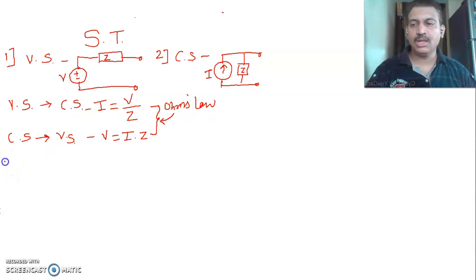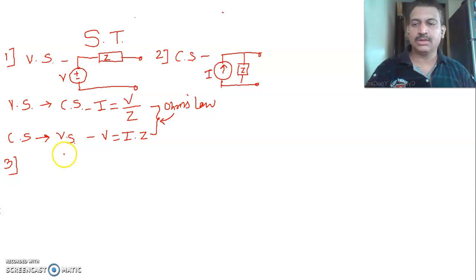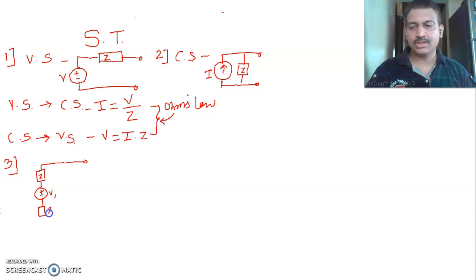Now consider the third circuit. In the third circuit, two voltage sources having impedance: Z1 for the first source with V1 as the voltage value, and Z2 with voltage source V2.